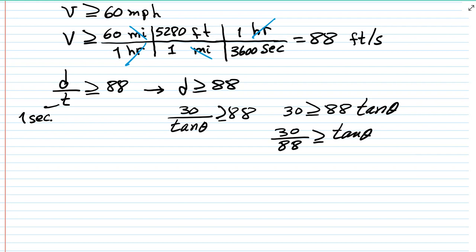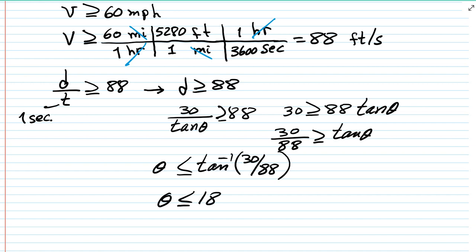In terms of the angle, theta is less than or equal to the arctangent of 30 over 88, right? It's going to have a citation. So theta is going to be 18.8 degrees. Any angle less than or equal to 18.8 means that the truck is going at least 60 miles an hour. Okay, and there we have it.